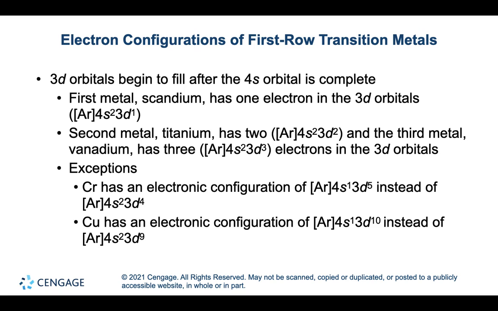So 4s1 3d5 spreads the electrons out more evenly than 4s2 3d4. As a result, we see chromium having an exception to the rule electron configuration.